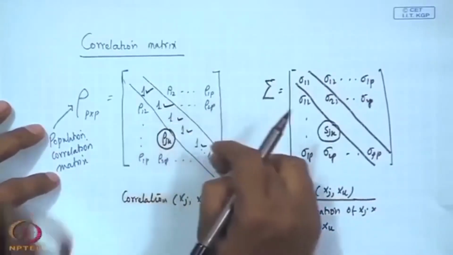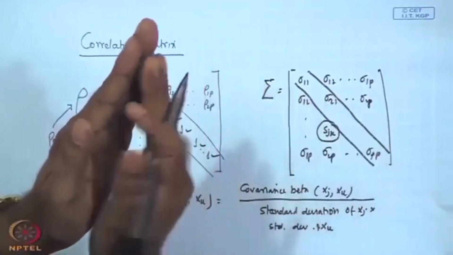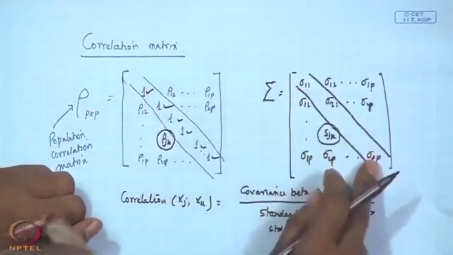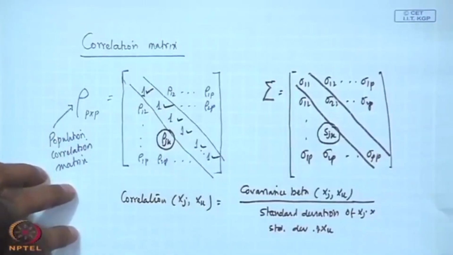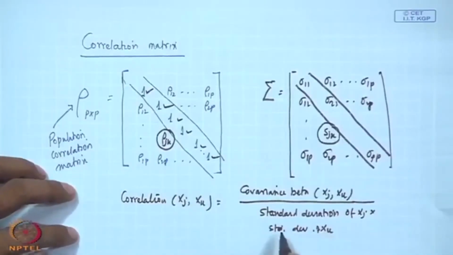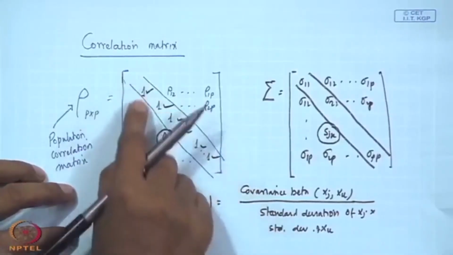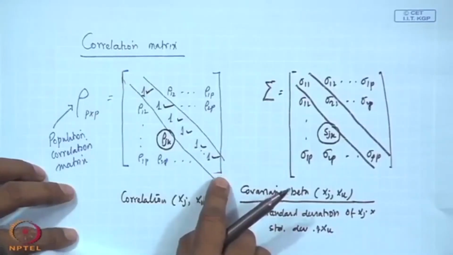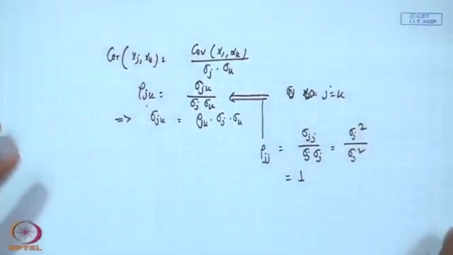Conceptually, when you find the covariance between the same variable, that gives you the variance, and here you are standardizing it by dividing the covariance component by the standard deviations. So, the standardization effect brings you that all the diagonal elements will be 1. The same thing will happen for sample data also.